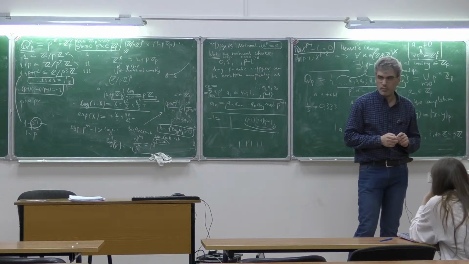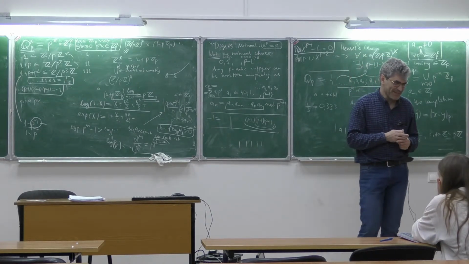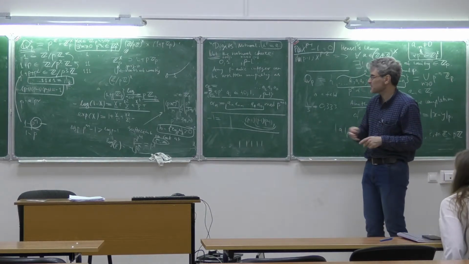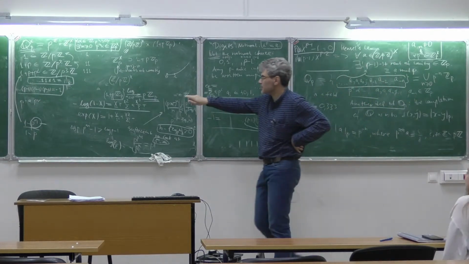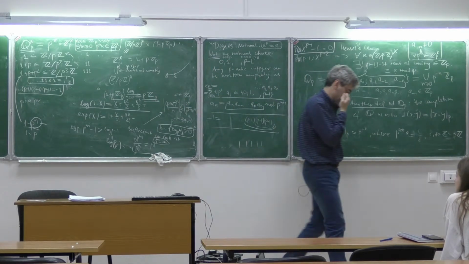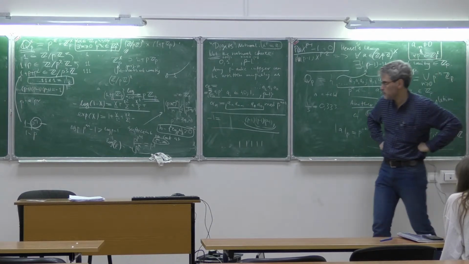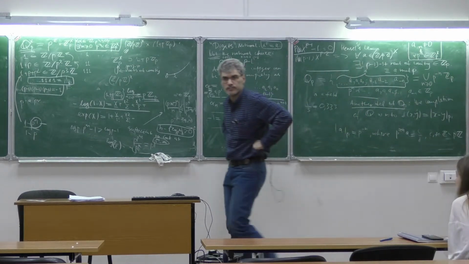Yeah, so the question was what we are doing. We are trying to prove that the image of the logarithm is in the p-adic integers divisible by p. That's what we're trying to show.